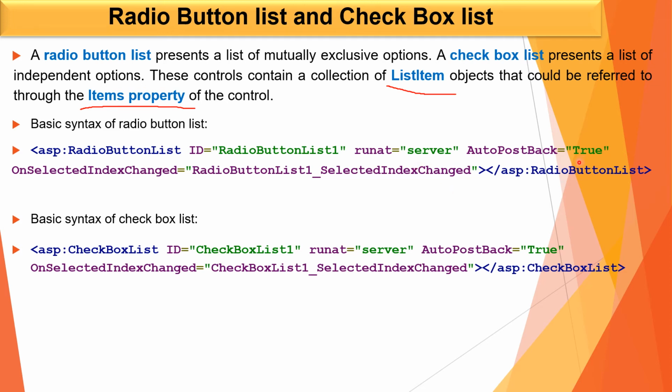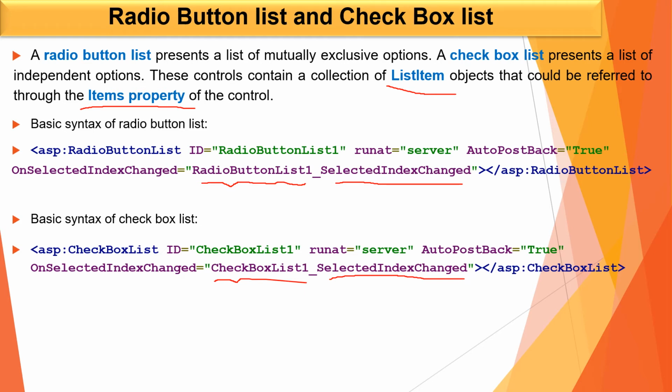The AutoPostBack property will be true, and the OnSelectedIndexChanged property will be RadioButtonList1_SelectedIndexChanged. These two properties are also very important. Both sides will be RadioButtonList1 and CheckBoxList1.